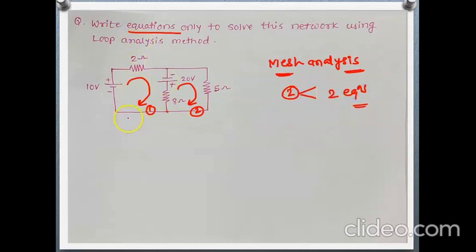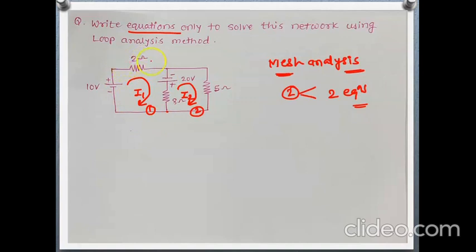First, we assume the direction of current in these two meshes. Suppose this is the current I1 flowing in mesh 1 and I2 is the current flowing in mesh 2.